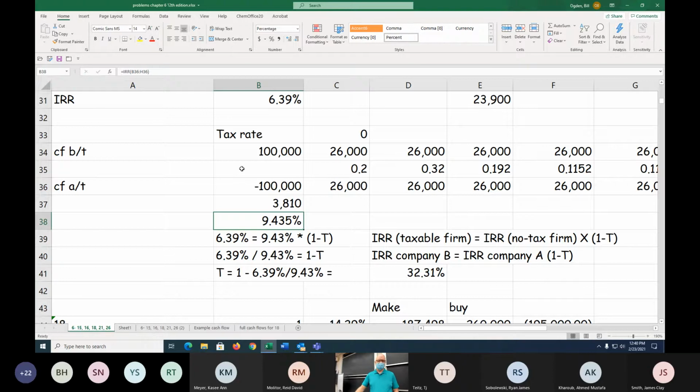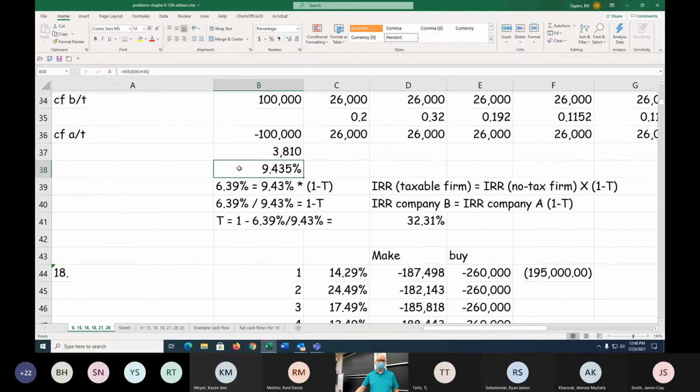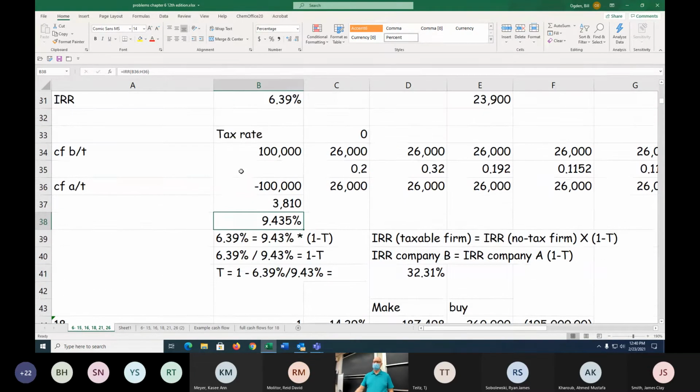Right, and then the question becomes, what's the effective tax rate given the impact of the depreciation tax shield? So 6.39% is equal to 9.435% times 1 minus T, and then you just solve this for T, and you would see that it's approximately a 32.31% tax rate, effectively.